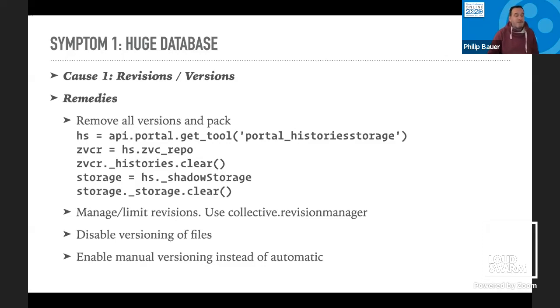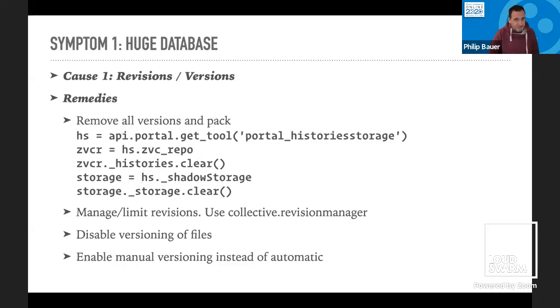So if you don't want to get rid of all the revisions, you can still clean up your database using Collective Revision Manager, a handy add-on that allows you to inspect the number of revisions per object in a nice table, and remove revisions or purge all revisions except for the last whatever 1, 2, 3, 4, 5 versions.